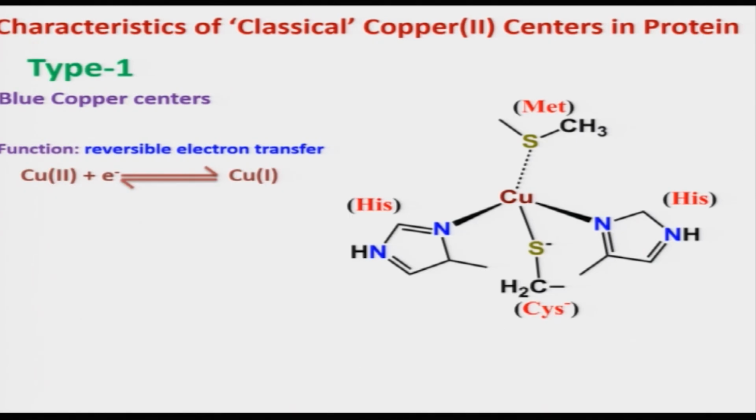The structure of these blue copper centers in the resting state is shown over here. You can see that the copper center is ligated with 2 histidine, 1 cysteine sulfur and 1 methionine thioether sulfur, which is giving a weak copper sulfur bond.